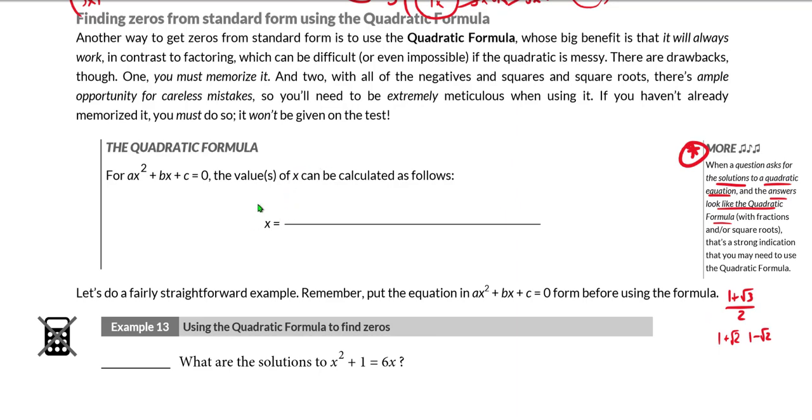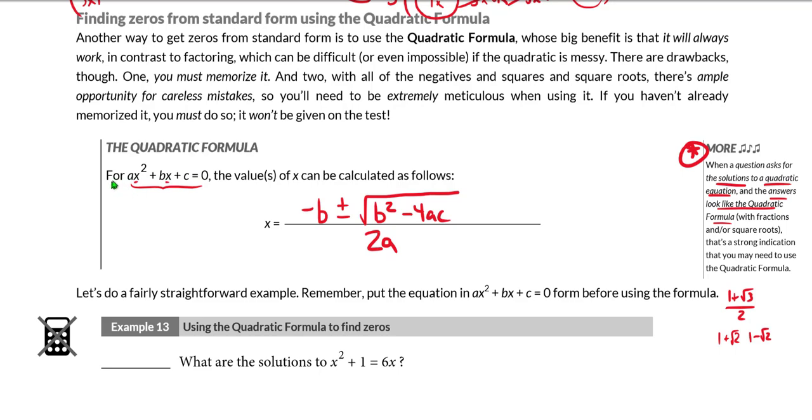So if you want to write the quadratic formula down on your own, go to it. I'm going to write it right now. Let me step back here for a moment. If we have a quadratic equation, ax squared plus bx plus c equals 0, and we want to find the values of x that satisfy this equation, which again are the roots or the zeros or the x-intercepts, we can use x equals negative b plus or minus the square root of b squared minus 4ac, all over 2a.